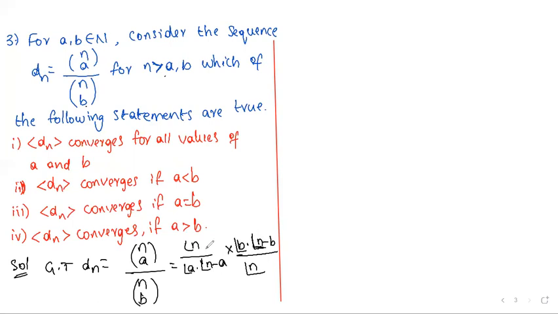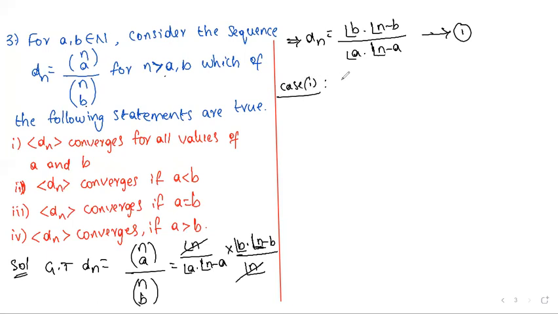So n factorial cancels. That implies d_n is equal to the remaining b factorial into (n minus b) factorial by a factorial into (n minus a) factorial. Let us assume that this is equation 1.